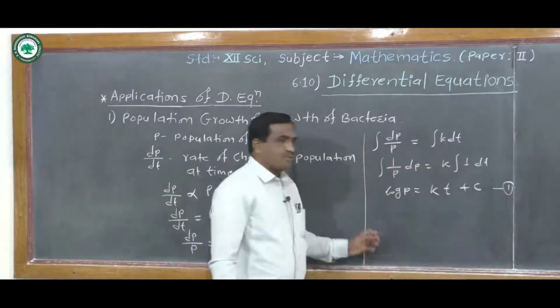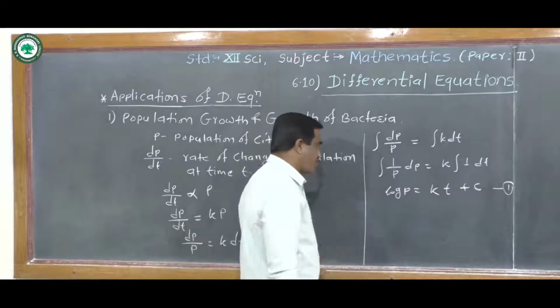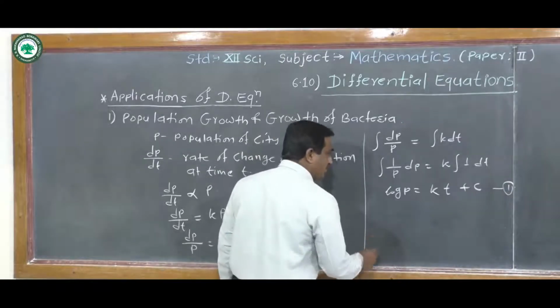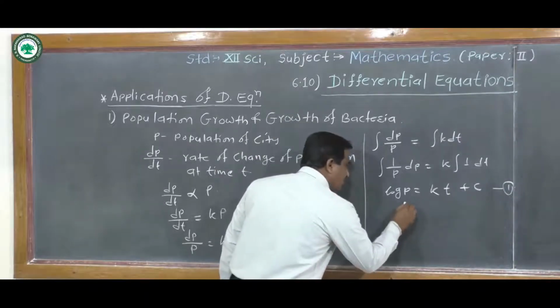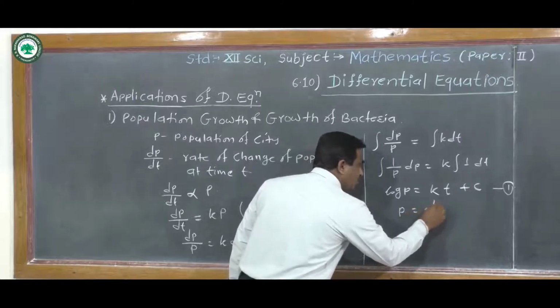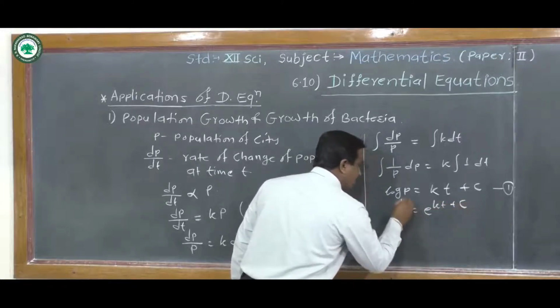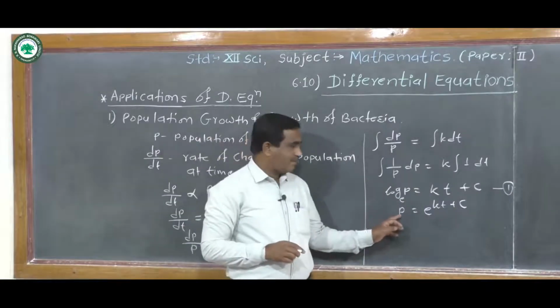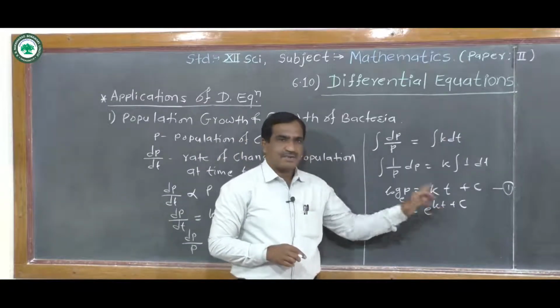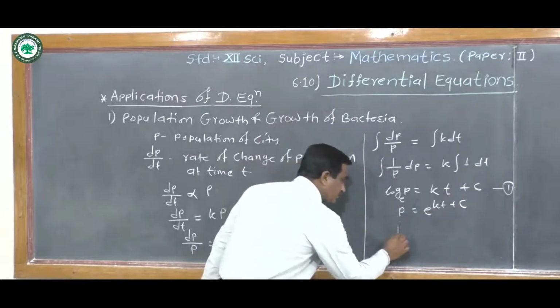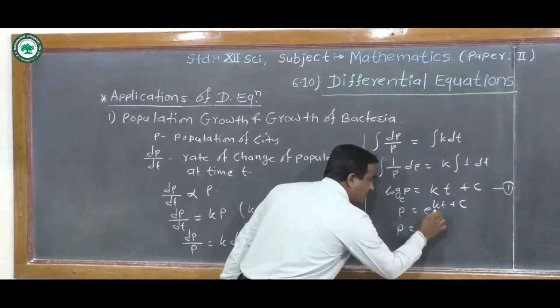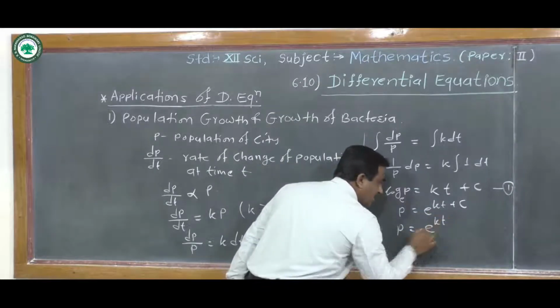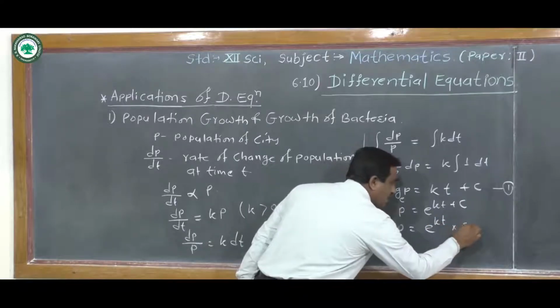Say this is equation number first. We can use this formula for solving the examples also. Now by definition of logarithm, with base e, we can write P is equal to e raised to kt plus c. That is, P is equal to e raised to kt into e raised to c.